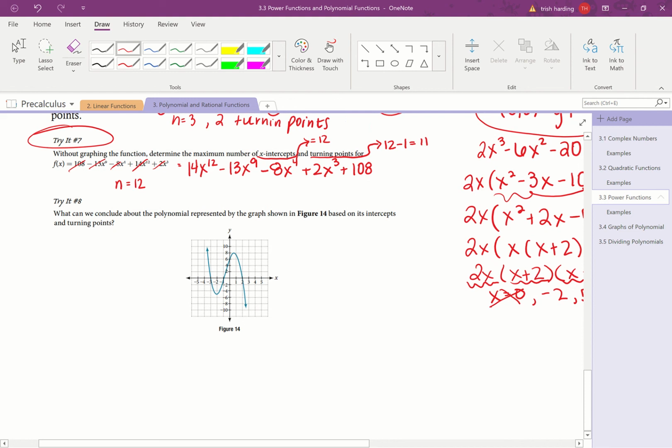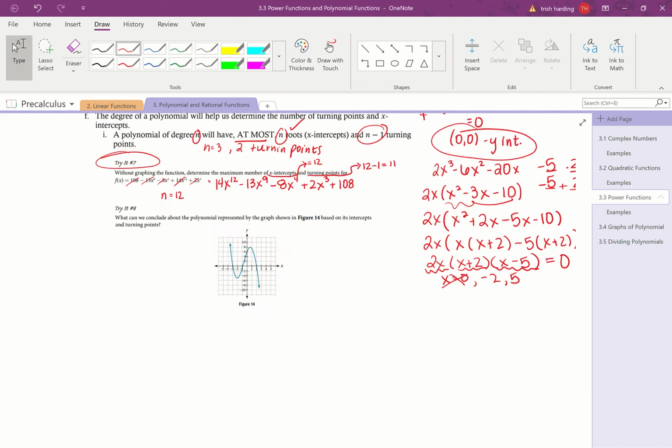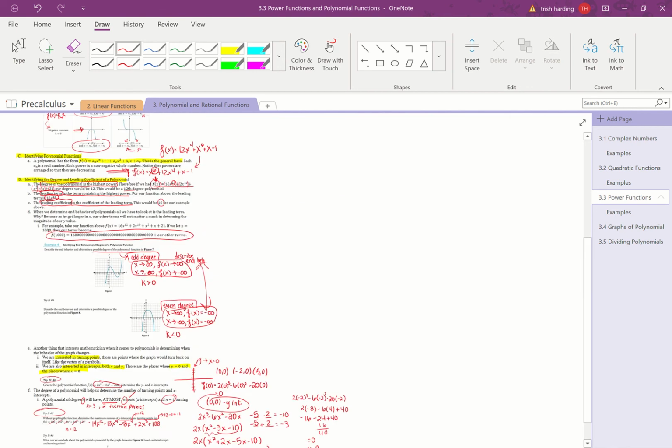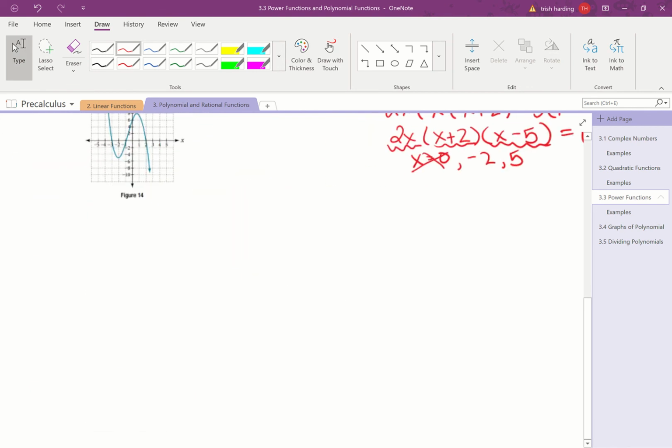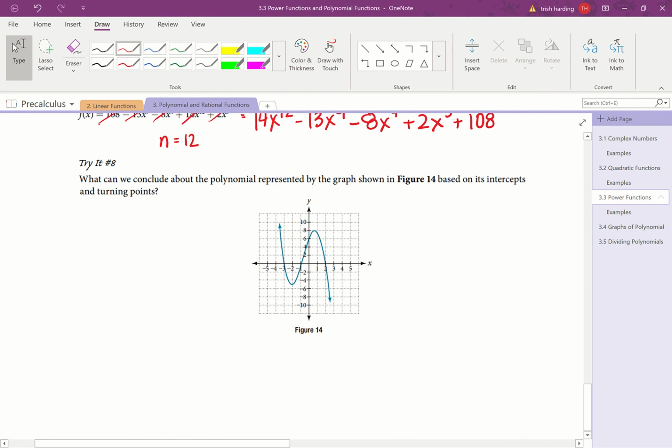Now let's have a look at this one. What can we conclude about a polynomial represented by the graph shown here? And actually that looks like the end. Okay. We'll do this one and then we'll move on to some examples. Now, what can we conclude about the polynomial represented by the graph shown here based on its intercepts and turning points? Well, notice that we have 2 of these turning points.